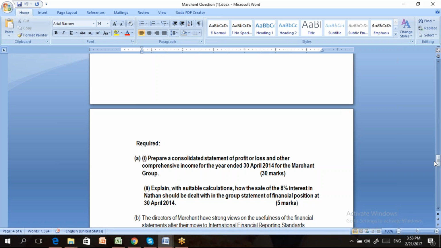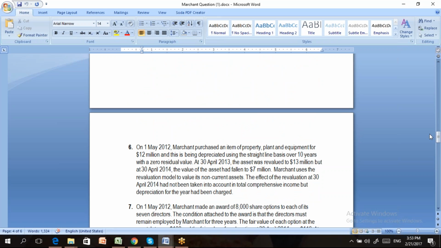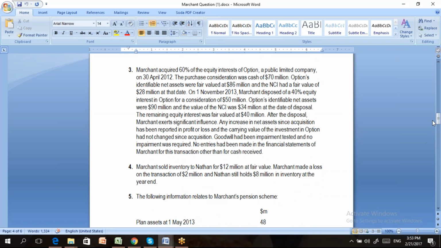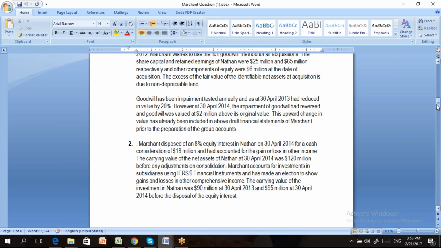The total selling price, the total consideration, was 18 million. The fair value of the asset was 95 million.